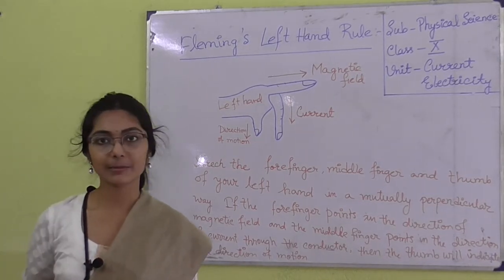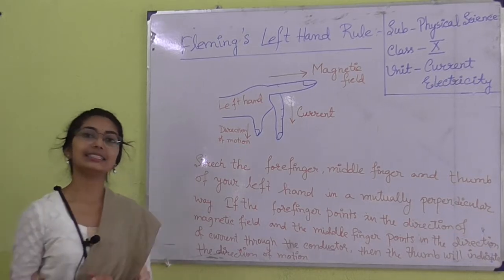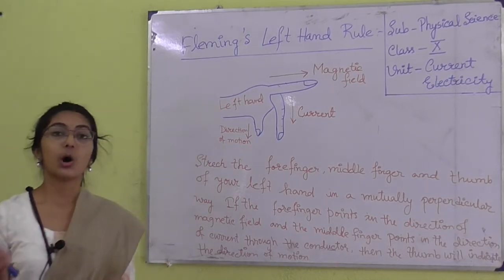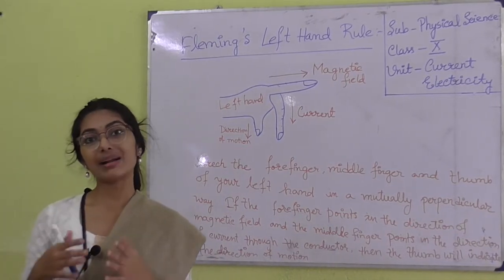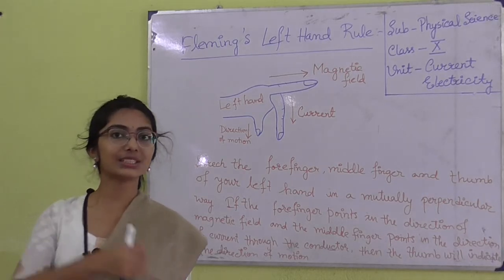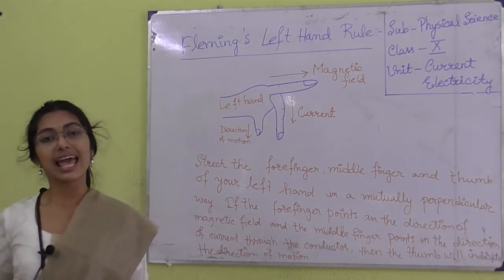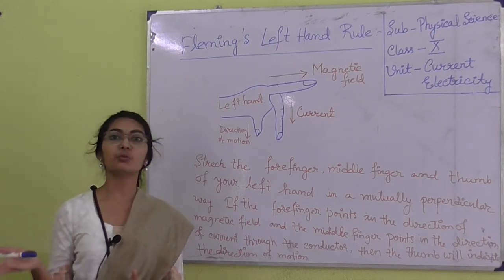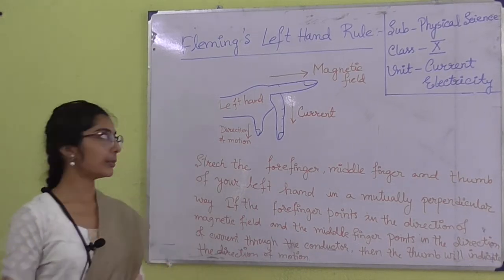When a conductor is placed in the magnetic field in a perpendicular position, the magnetic field will exert a force on the conductor and the conductor will begin to move. So this is the phenomenon.